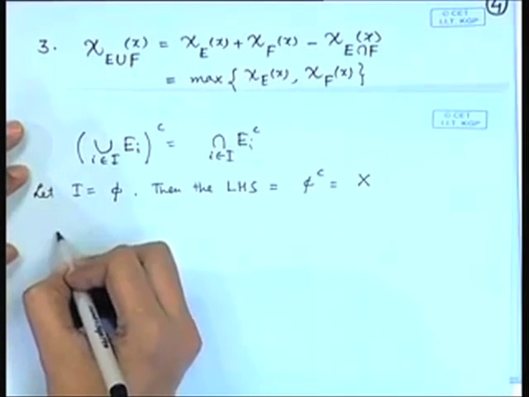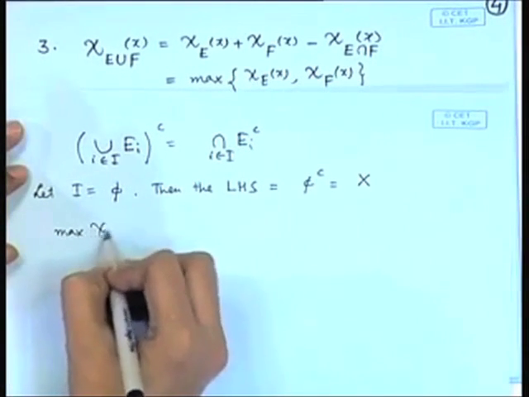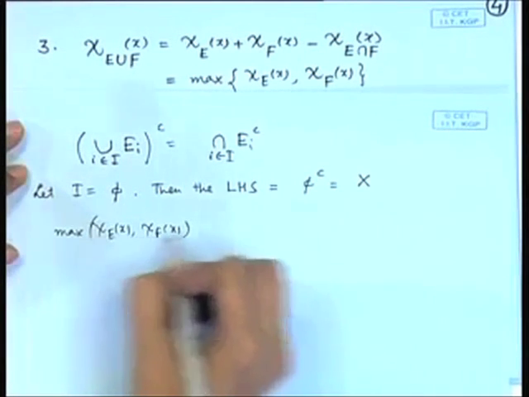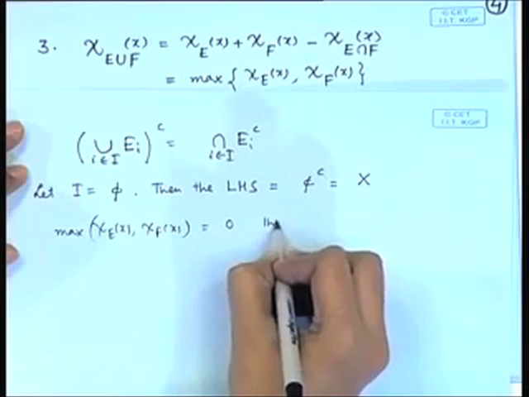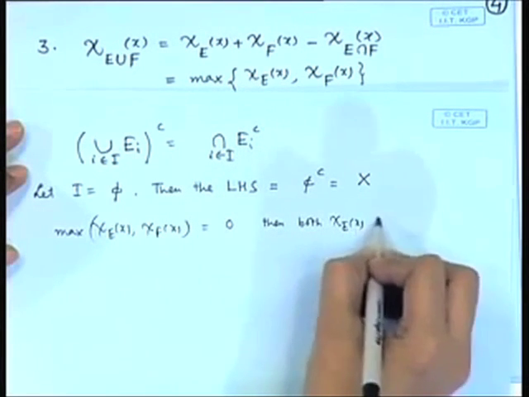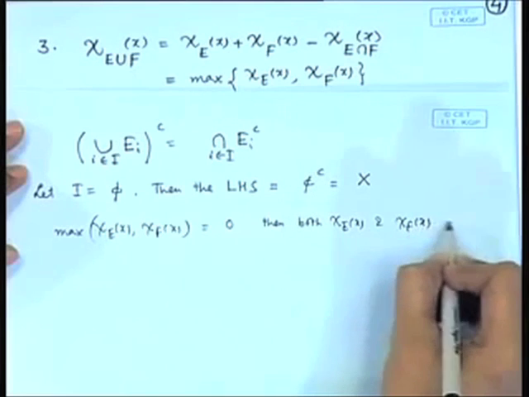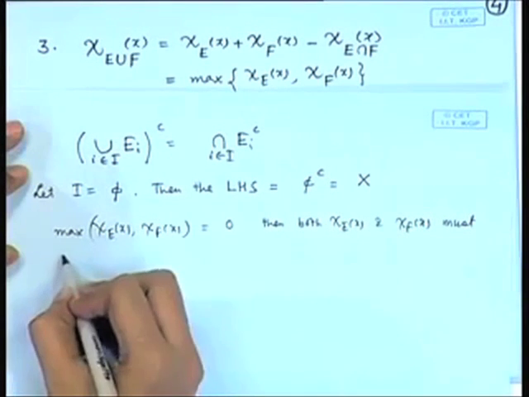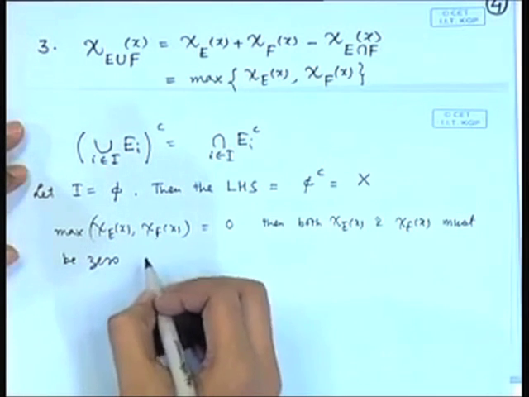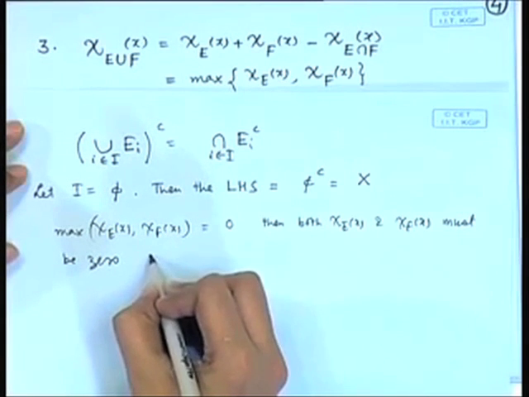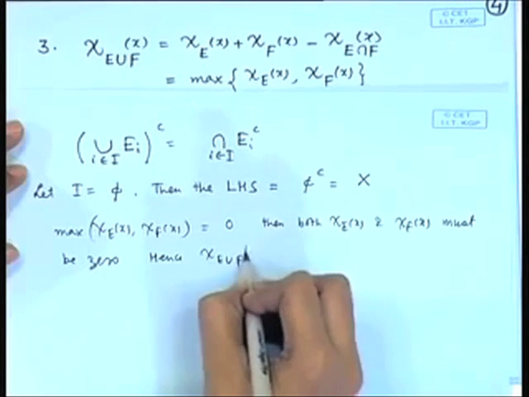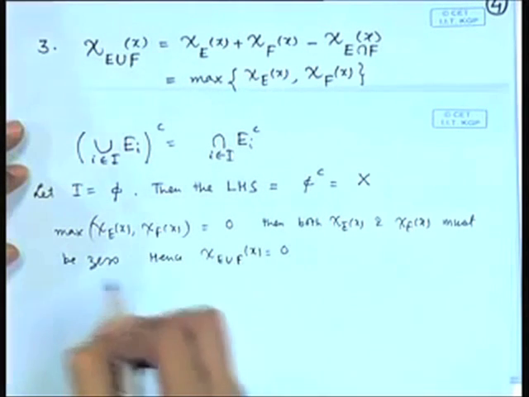Once again, to look at the proof of this, we can see that if we write the maximum of chi E x and chi F x to be, say, 0, then both chi E x and chi F x must be 0. Hence, chi of E union F at x will be equal to 0.